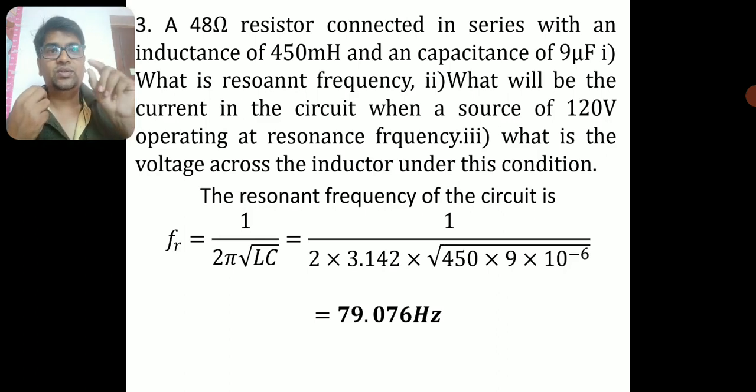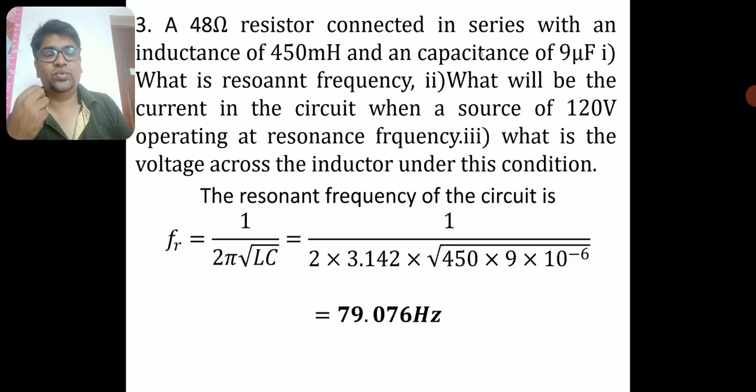Please substitute milli as 10 to the power of minus 3, which I forgot to substitute in this equation. Students, please substitute inductance as 450 into 10 to the power of minus 3 without fail, because I forgot to mention it in this particular equation. And 9 microfarad is 9 into 10 to the power of minus 6.